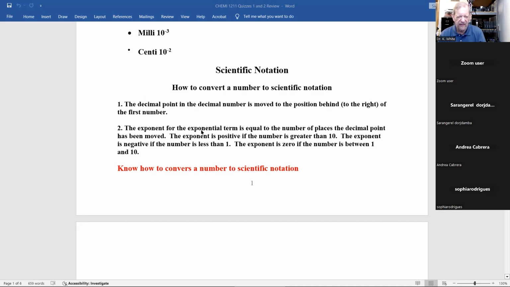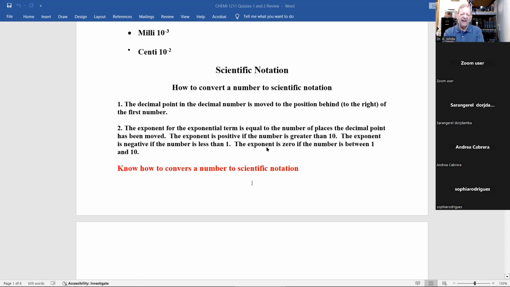The exponent for the exponential term is equal to the number of places the decimal point is moved. The exponent is positive if the number is greater than 10. The exponent is negative if the number is less than 1.